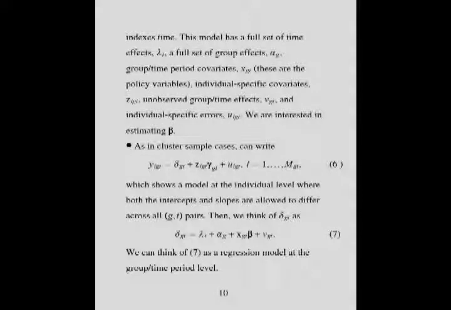So if you start with this model here, and let's suppose that this is actually homoscedastic across all i, g, and t, and then we add this structure on the intercept and we do a full GLS analysis. Well, in fact, that's the same thing as doing GLS in two separate stages.